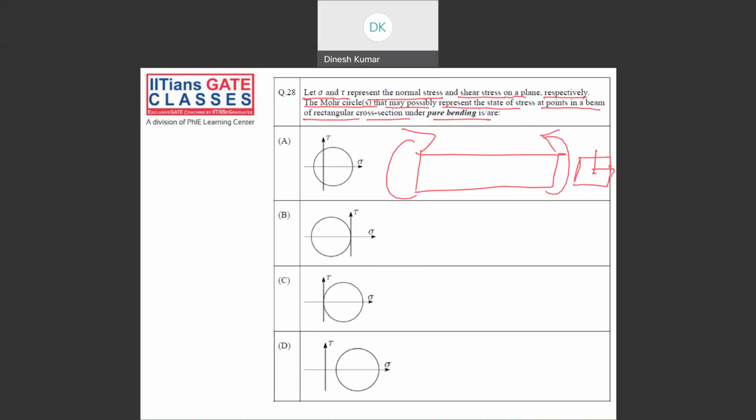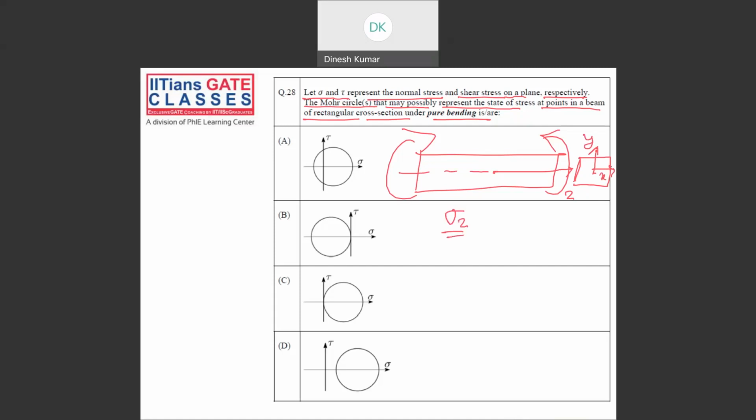So guys, we know in case of pure bending, suppose this is my z axis. Cross section axes are x and y. You'll see you have only one non-zero stress in case of pure bending, it is sigma z.